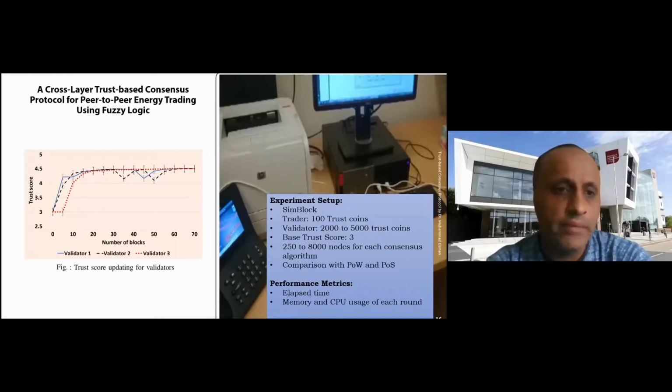So if a validator misbehaves, for instance, validator 1 in block number 45, as it can be observed from this graph, and validator 2 in block number 30 and 50, its trust score is reduced drastically. So trust value has an important impact in the overall functionality of this energy trading system. The more trusted a party would be, the more important role in the trading they would have.